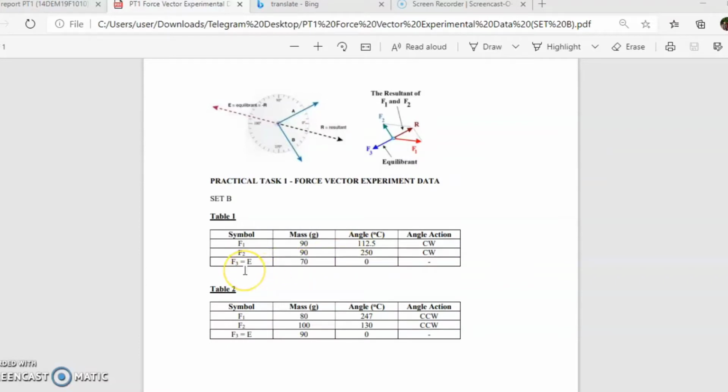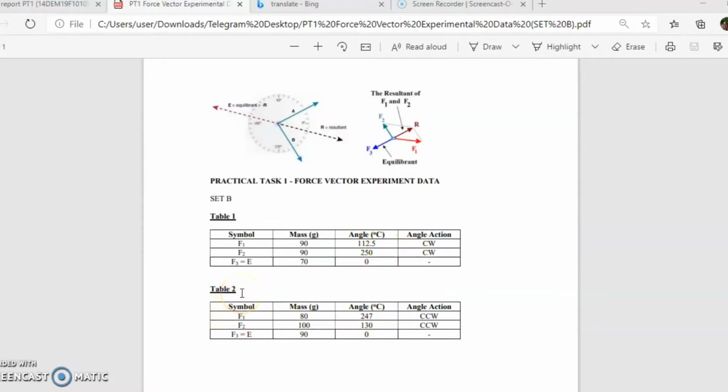For F3, the mass is 70 gram and there is no angle given because it is at equilibrium. The angle action for this table is clockwise.